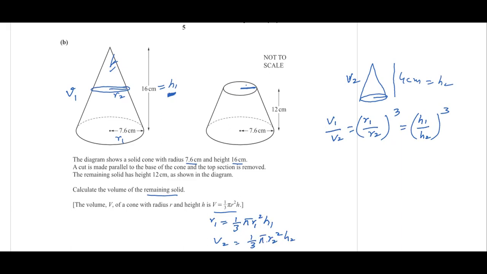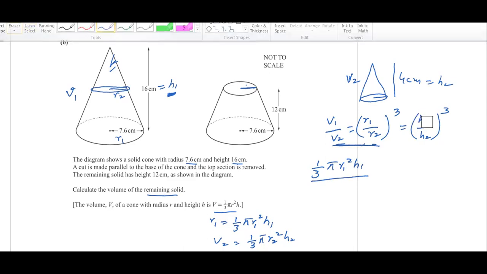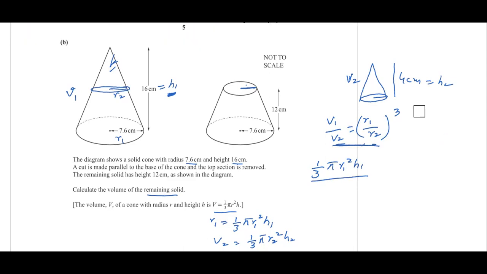If you take their ratio, it will be like this. First, I'm just considering V1 over V2. So it will be 1 over 3 pi r1 squared h1 over 1 over 3 pi r2 squared h2.